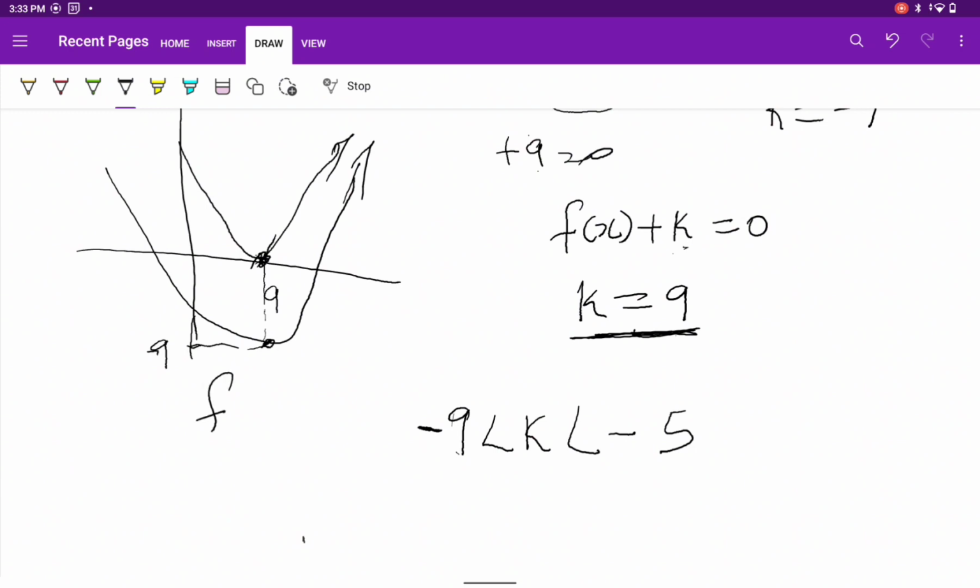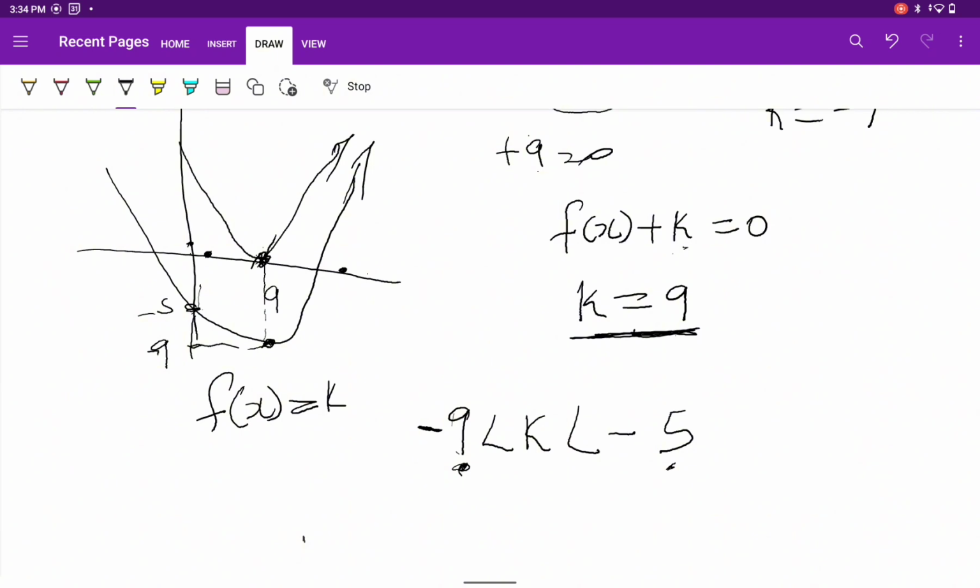And remember, we have f at x equals k. Now we wanted 2 roots. So we shifted from -5 up till here and just above, so that we have a root here and another root somewhere there. So we'll have 2 positives. We are restricting k to between -9 and -5.